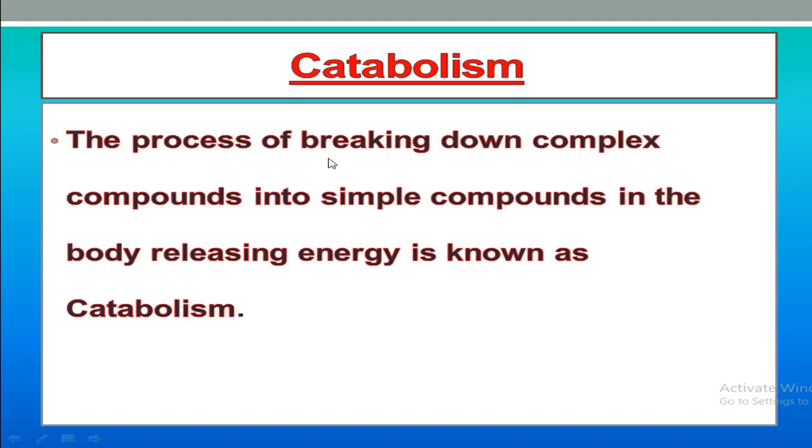The process of breaking down complex compounds into simple compounds in the body, which releases energy, is known as catabolism. During anabolism, energy is stored, and during catabolism, energy is released.